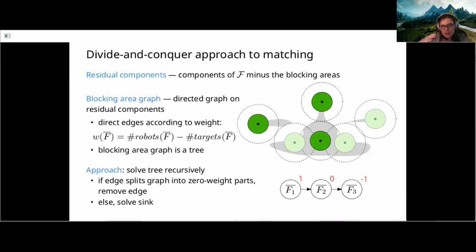If we can split the problem into 2 subproblems so that the number of start positions and target positions on both sides match, then we just do that. And if not, we'll just take a sink. A sink means that there are more target positions than starting positions, and the sink is easier to solve. So then we solve the sink and see what happens next.